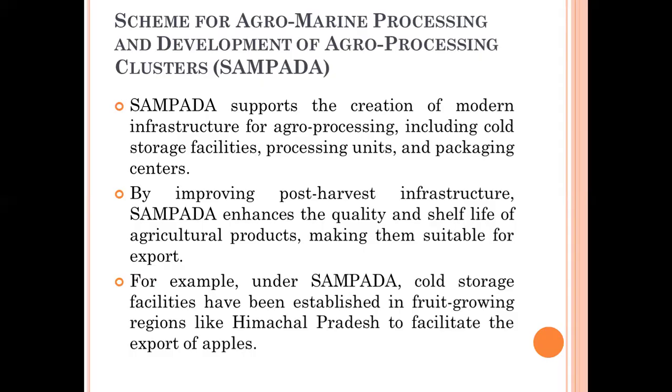Specifically, when we are not getting good prices in India, that's where we can think of exporting our commodity to other countries. But if we are getting good prices in India, we can go for these cold storage facilities.